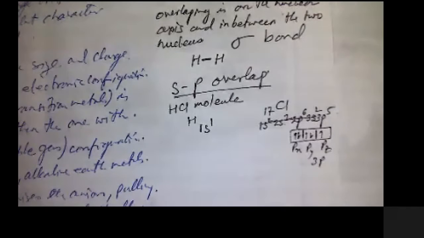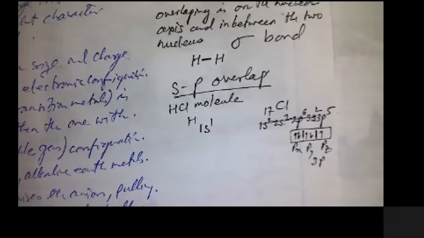Understood? So when I take this 3p part here, how many electrons are there? 5. That means 1, 2, 3, 4, 5. We are filling up the electrons using Hund's rule. First, one electron in each, and then it will be paired up.